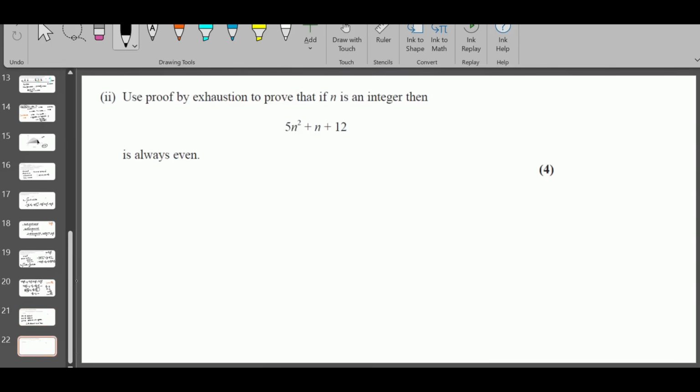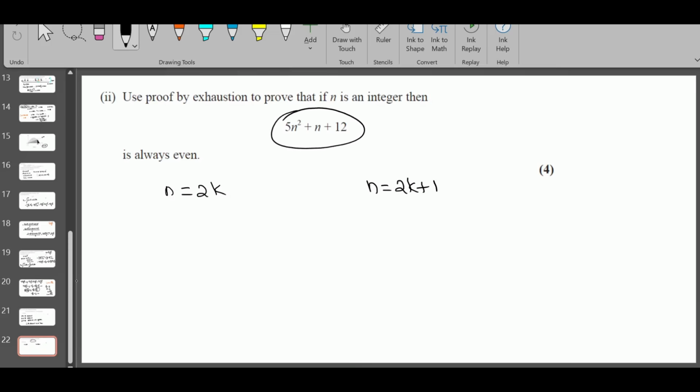(ii) Now use proof by exhaustion to prove that if n is an integer, then this is always even. Okay. Usually in proof by exhaustion, we will sub in all the cases, right? But n is an integer, and there are infinitely many integers. So we are going to divide them into even integers and odd integers.